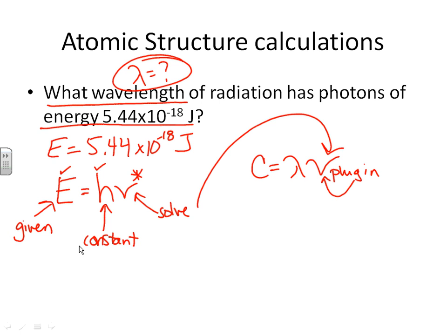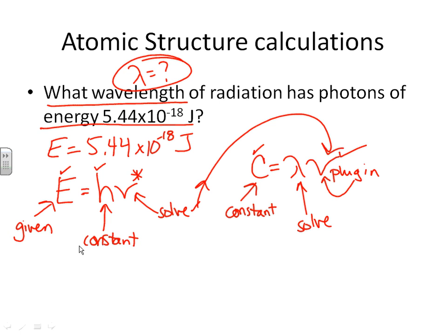Why is that useful? Because c is a constant. I always have that number. It's always 3 times 10 to the 8th meters per second, which means that I know this, and I know this if I've already done that math from E equals h nu, and that means that I can solve for wavelength, which is precisely what the problem is asking me to do.